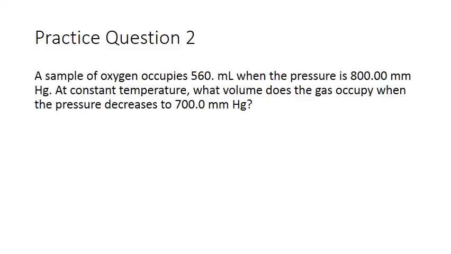Moving on. This problem is a little more complex. A sample of oxygen occupies 560 milliliters. That is a volume, so you can immediately write out that your volume is 560 milliliters, when the pressure is 800 millimeters of mercury, so you can immediately write out what your first pressure is.